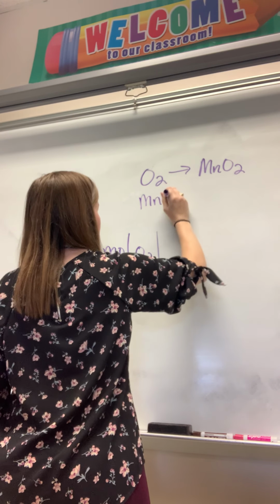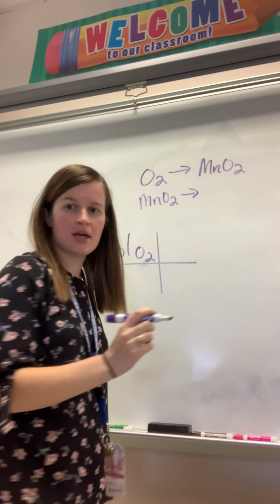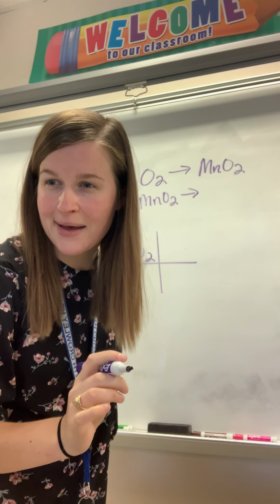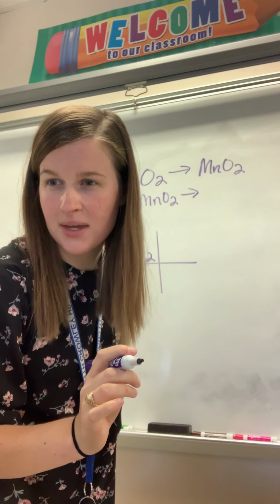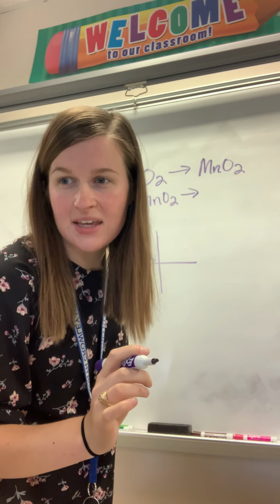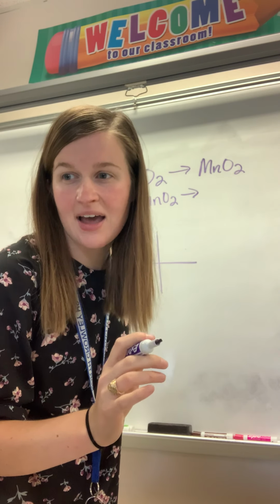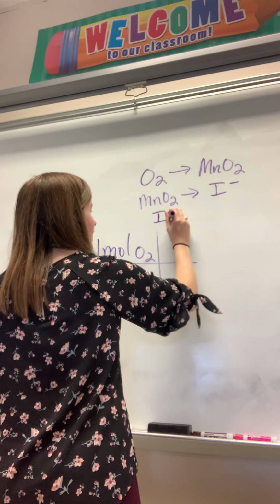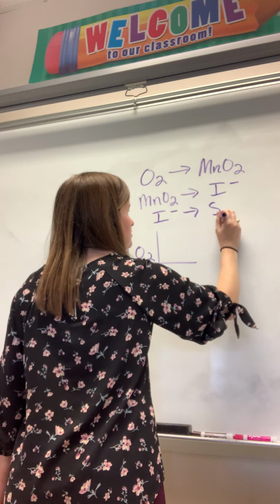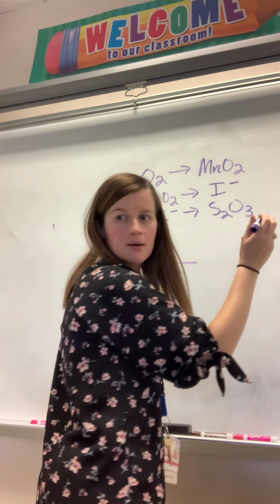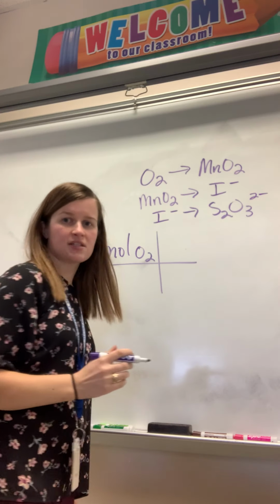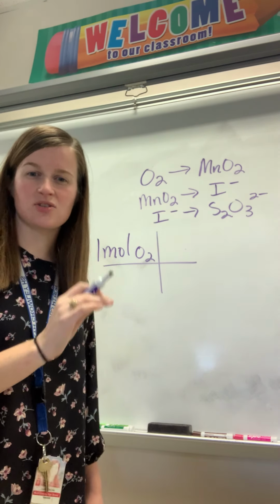Then from MnO2, the thing the second and third equations have in common would be I minus, so your iodine. Then I'm going to take my I minus, and then I'm able to go to the S2O3 2 minus that it asks for. So that's how those connect. So hopefully you can see as you follow along.